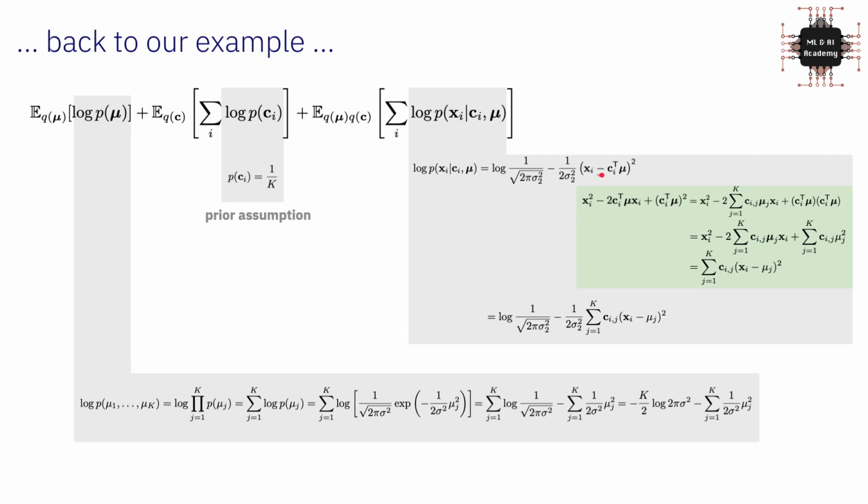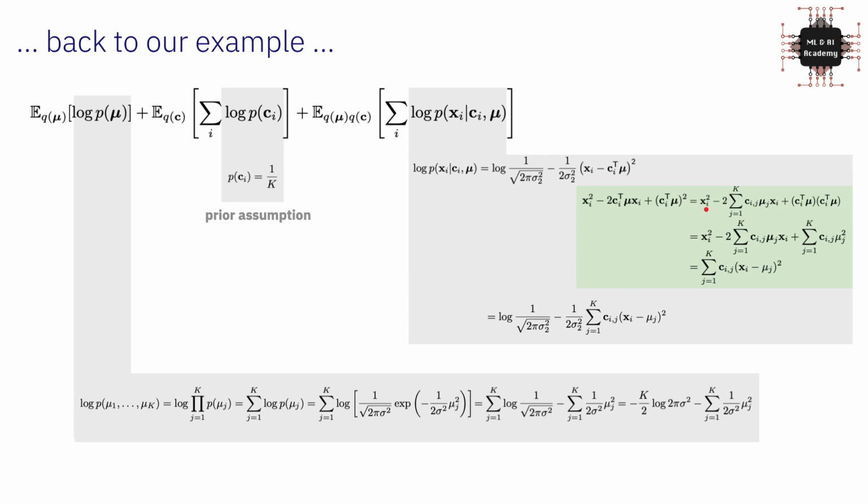So now we can further expand this by saying (a minus b) squared is a squared minus 2ab plus b squared, which means this is xi squared minus 2 Ci transpose mu xi plus Ci transpose mu squared. And now we write it component-wise.